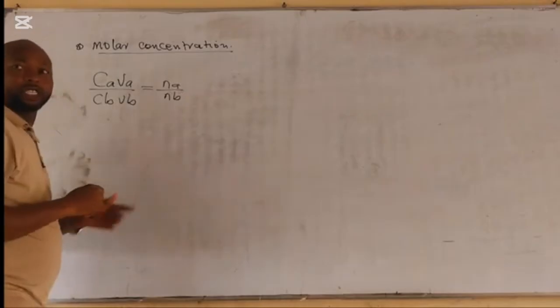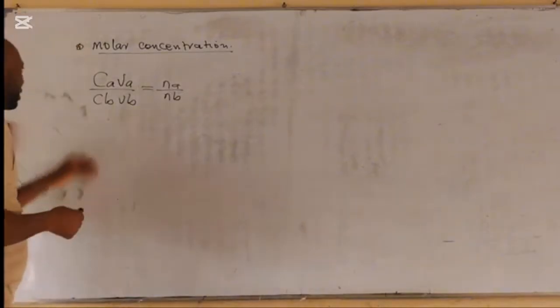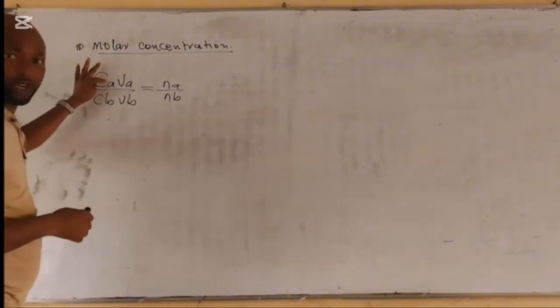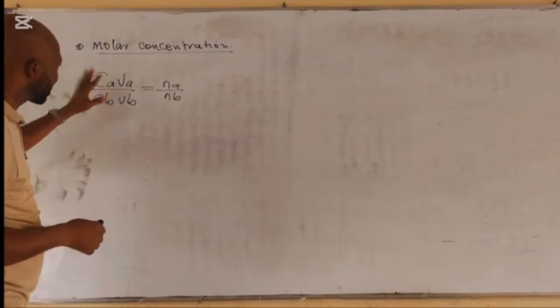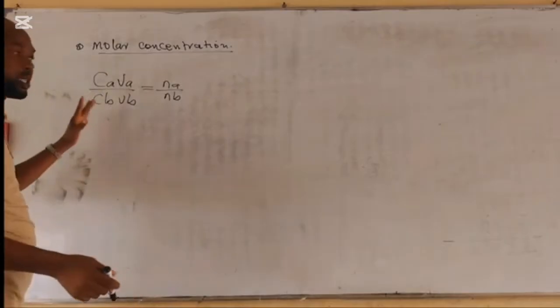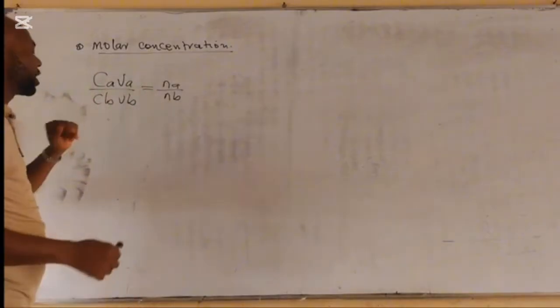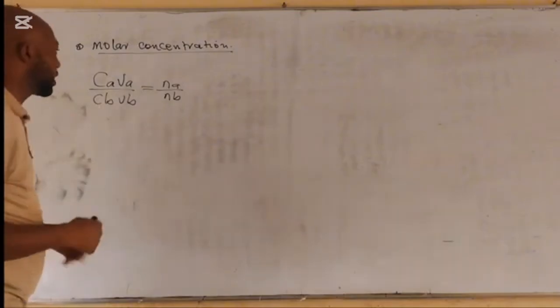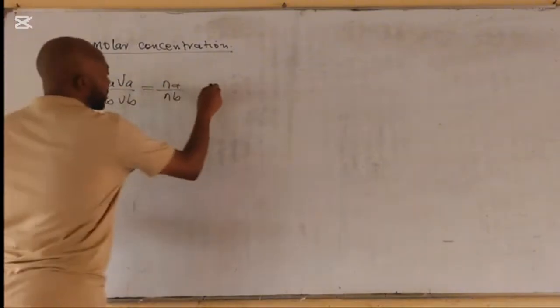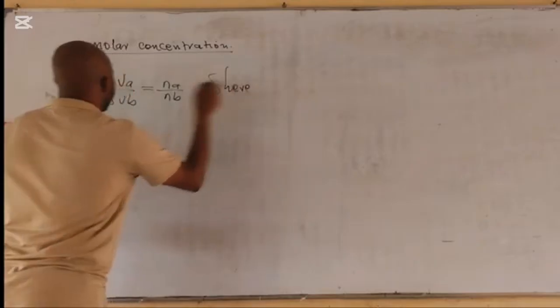So this is the first formula. Here is CA, concentration of the acid. Here is concentration of the base. So technically, you may be looking for this or this whenever you're using this formula, and make the subject of whatever you want. Let's look at what all these things mean.